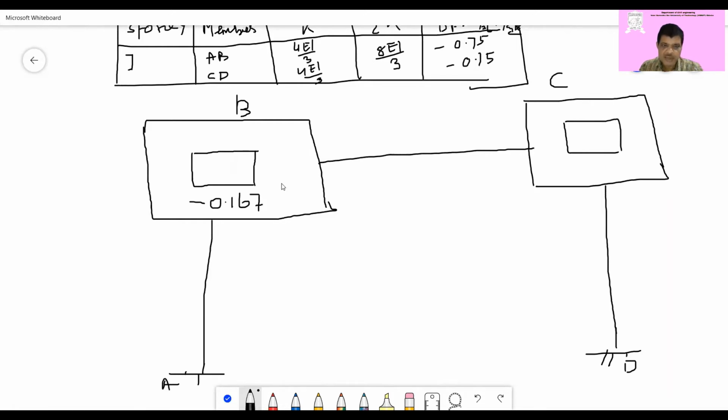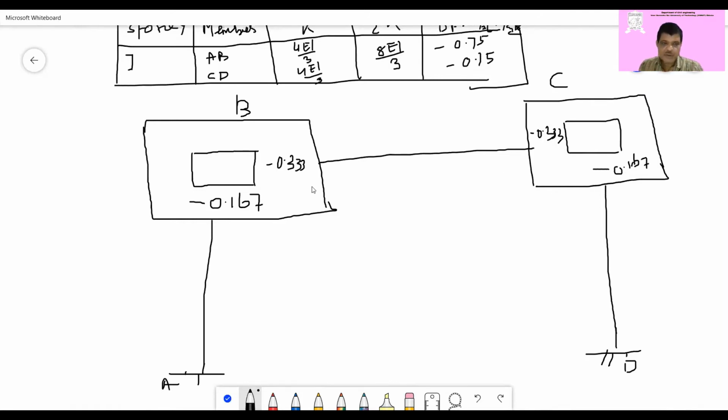Here the factor is minus 0.333. Okay. And here also you have the minus 0.333. Okay. And here you have 0.167.